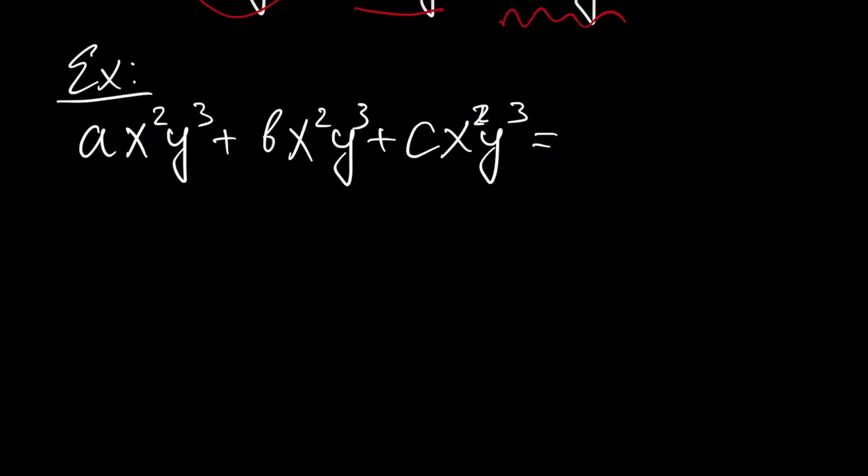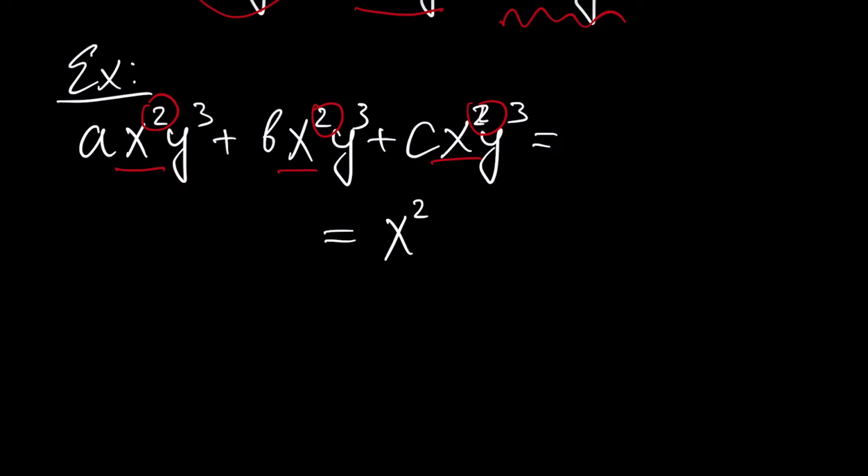In this case, we can take a common factor from these monomials. Here x enters the first monomial with the power 2, and here also x enters with the power 2, and here we have it also with the power 2. So we can take out x squared.